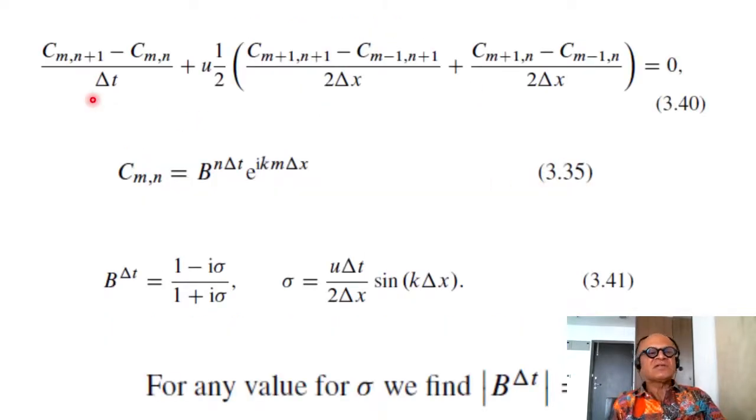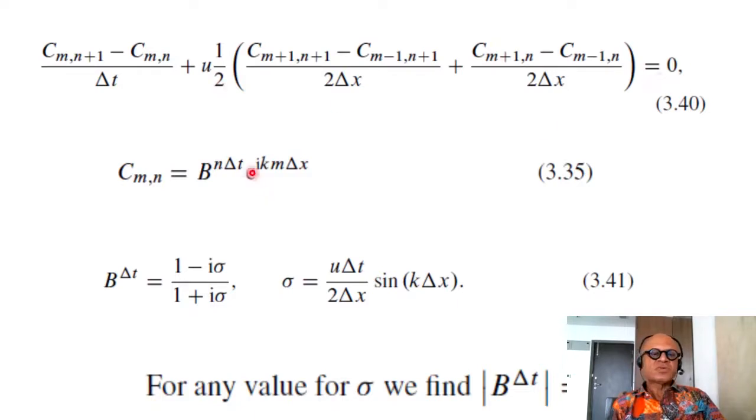So writing this rather complicated thing, so C_m at n plus 1 minus C_m at n divided by delta t plus 1/2 of u times C_(m+1) at n plus 1, so we have the same time step, minus C_(m-1) at n plus 1 divided by 2 delta x in space, obviously, plus C_(m+1) at n minus C_(m-1) at n divided by 2 delta x. So we are taking two gradients at neighboring points, backward and forward, and dividing by 2.